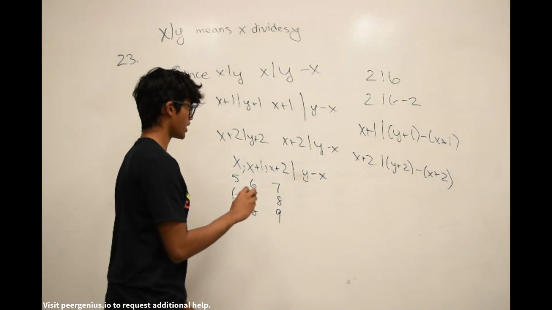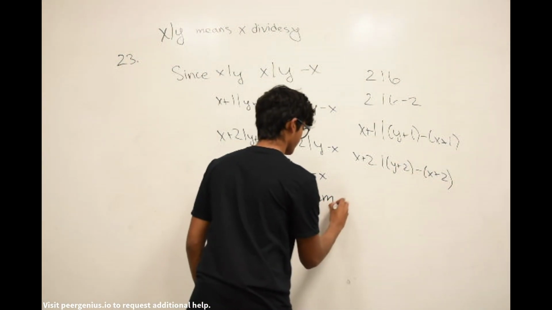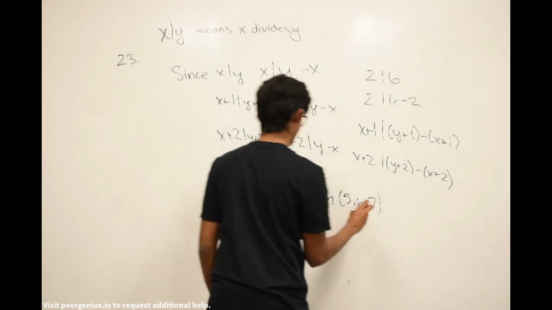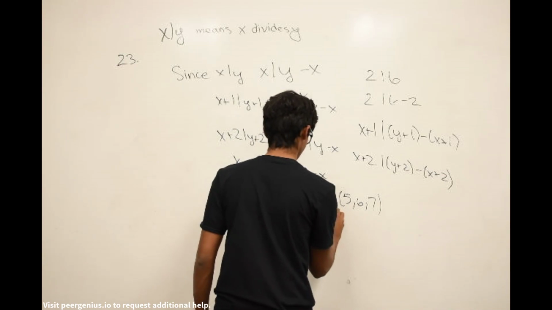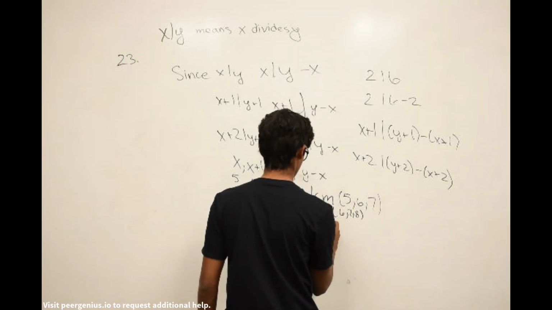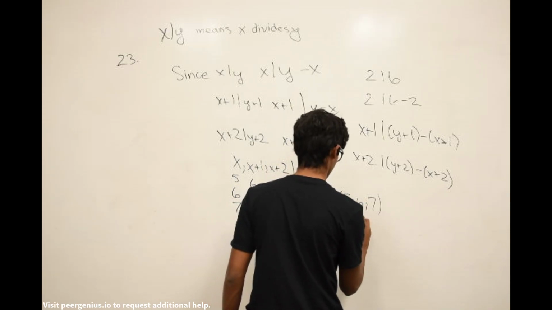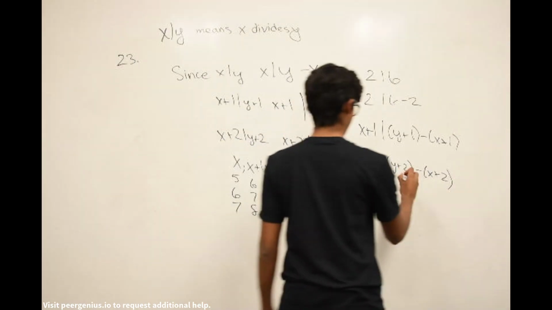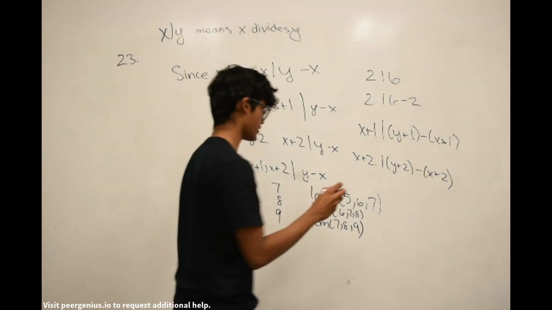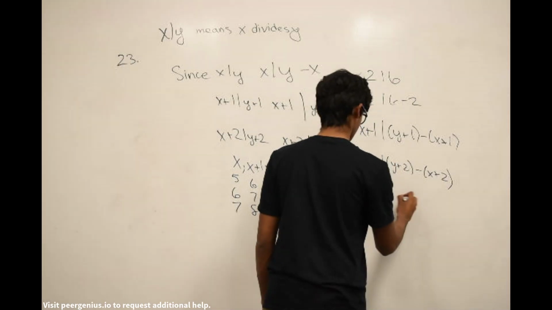So now we're trying to find the LCM of each of these as the value of y minus x. The LCM of 5, 6, and 7, they don't share any common factors, so it should just be 210.